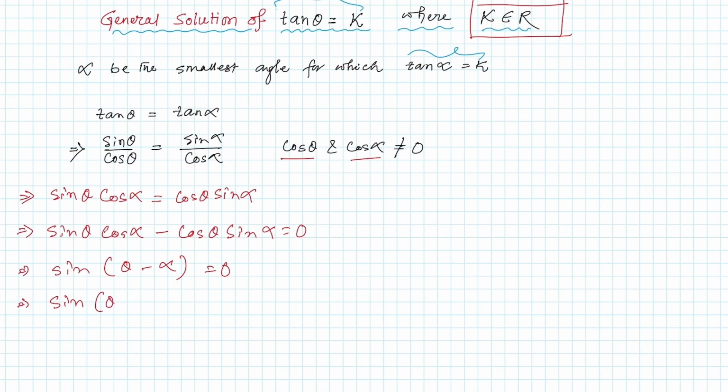We know the general solution of sine theta, considering theta minus alpha as theta, so theta minus alpha will be equal to n pi, where n belongs to Z. That's why we can write theta is equal to n pi plus alpha. So that is the general solution of tan theta is equal to k.